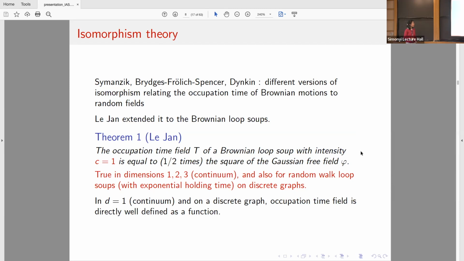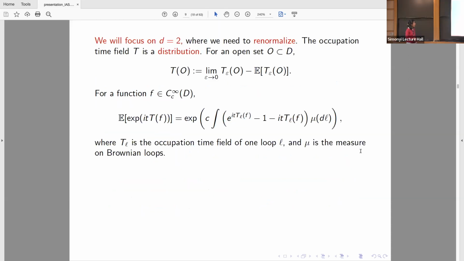The Gaussian free field is also finite, so this isomorphism can be understood in the literal sense that you can take the square of the Gaussian free field and get the occupation time field. However, we were mostly interested in the continuum case of dimension 2, where we actually need to renormalize to make sense of this isomorphism theory.